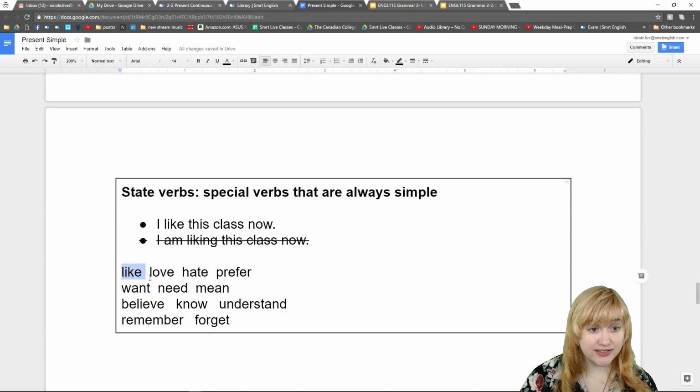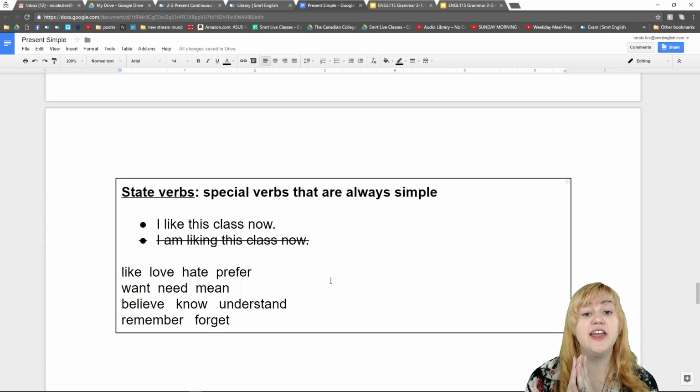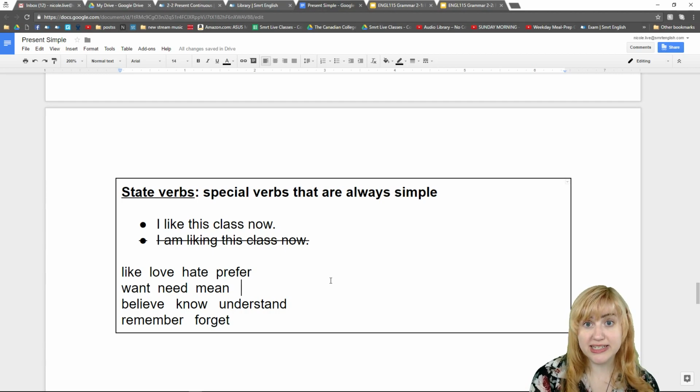Because like is a state verb. So again, state verbs are just special verbs you have to memorize, and they are always simple. Present simple, past simple, future simple, present perfect simple. Simple. Not continuous. Not present continuous, not past continuous, not future continuous.